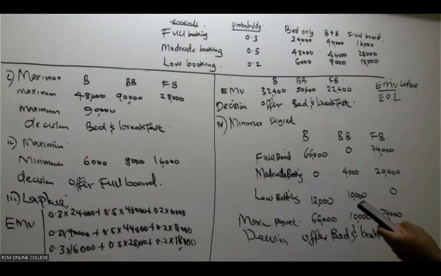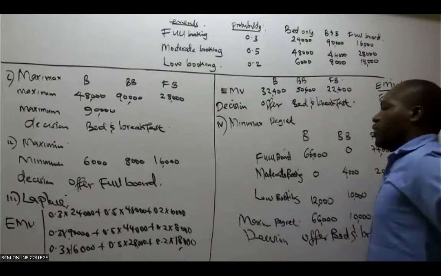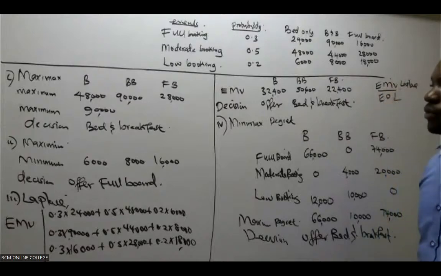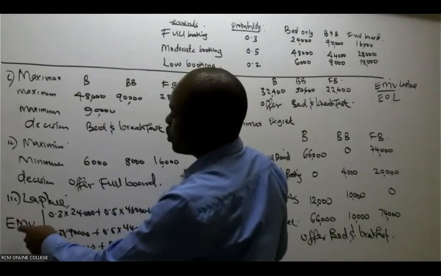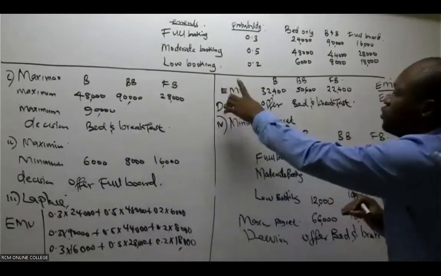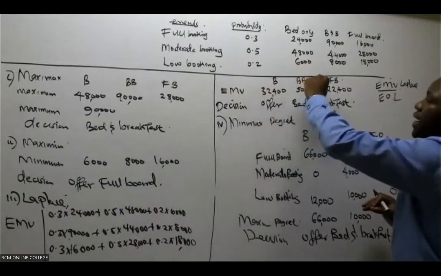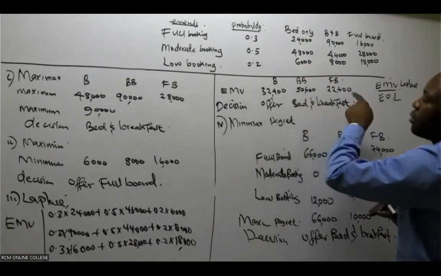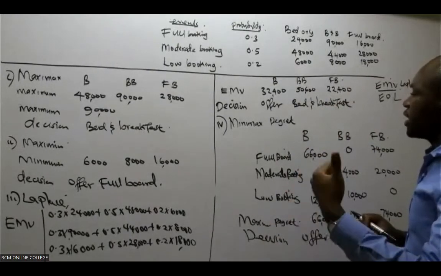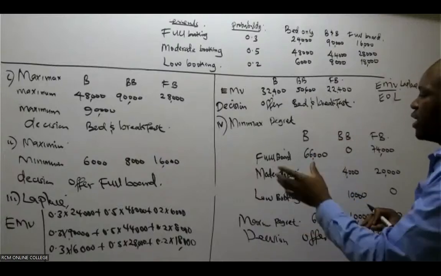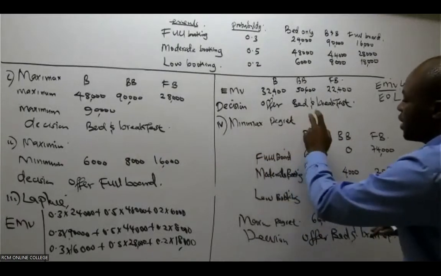So the two criteria are similar, since the choice that maximizes the expected monetary value also minimizes the expected opportunity loss. Are we able to compare that? The option that gives us the highest expected monetary value, for us to get that highest figure, we are supposed to offer bed and breakfast. We are trying to maximize profit. What about when we are trying to minimize losses, that is the minimax regret?